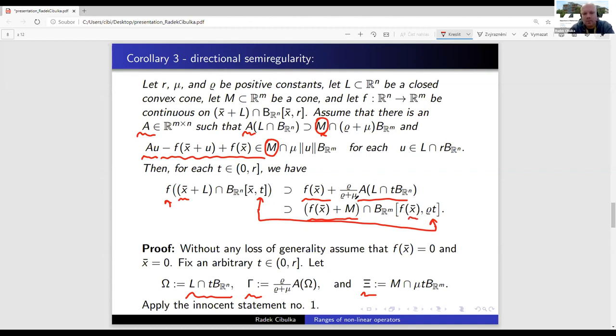And one more comment concerning optimization, because yesterday we saw a lot of talks concerning some constraint qualifications. Then of course this type of semi-regularity yields something like constraint qualifications.